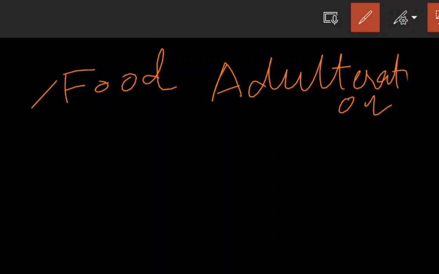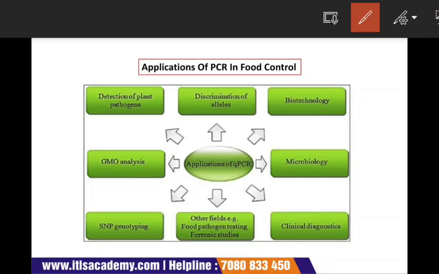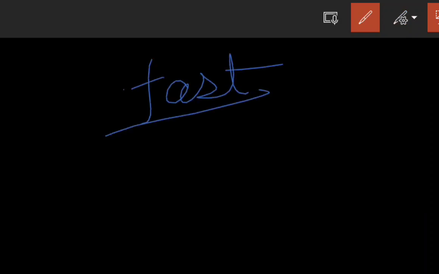So again, I would say that PCR has certain characteristics. The first characteristic that makes it more useful in different kinds of food industries is that it is fast. It gives results very fast. I've already told you, in the detection of salmonella foodborne pathogen, it takes less than 2 days to detect the presence of salmonella, whereas the traditional method takes 4 or 5 days.